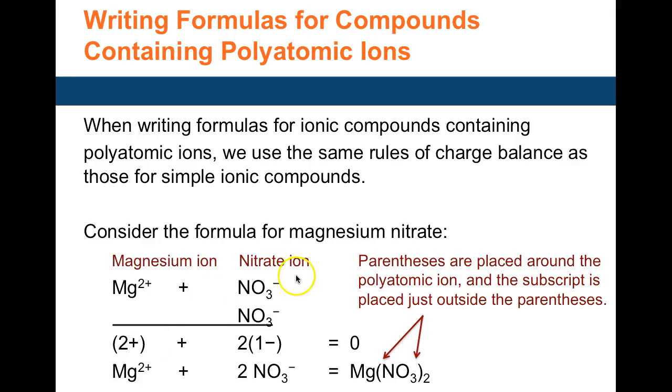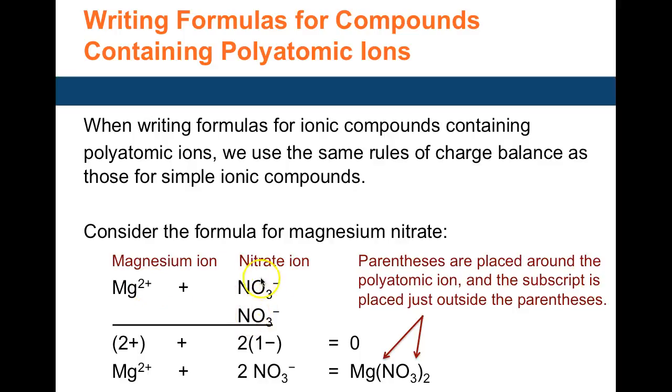All right, when you're writing the formulas of these compounds containing polyatomics, first again you start by determining what the charge on the metal is as compared with the charge of the polyatomic. So nitrate is 1 negative, magnesium is 2 positive.